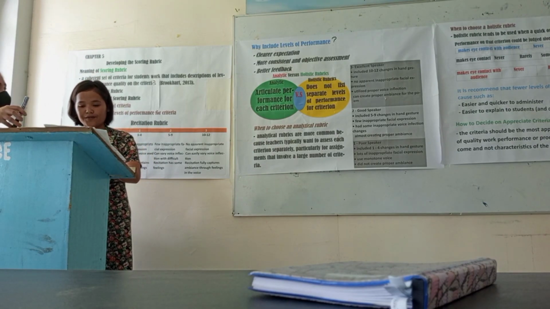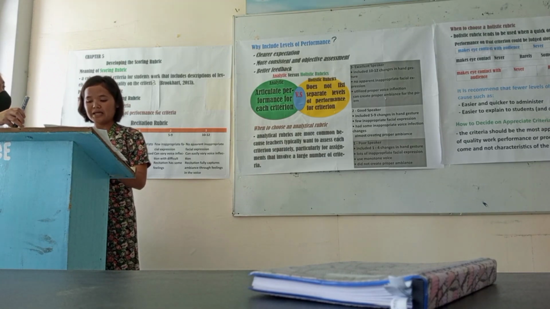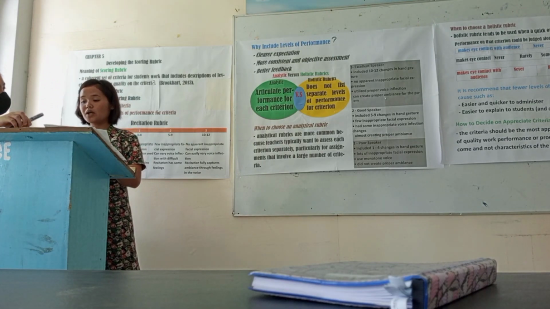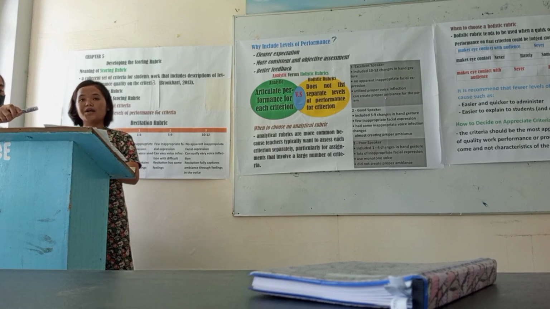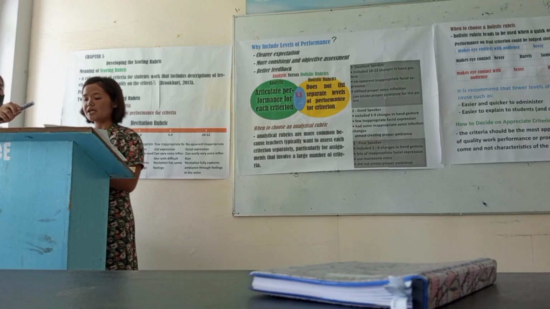Next one is distinct from one another. So each criterion identifies a separate aspect of the learning outcomes the performance is intended to assess. So, which means that the rubric you've created must be separated, distinct from one another. Yung kagaya ng sabi natin sa analytic, yung criteria na ginawa mo is separated.